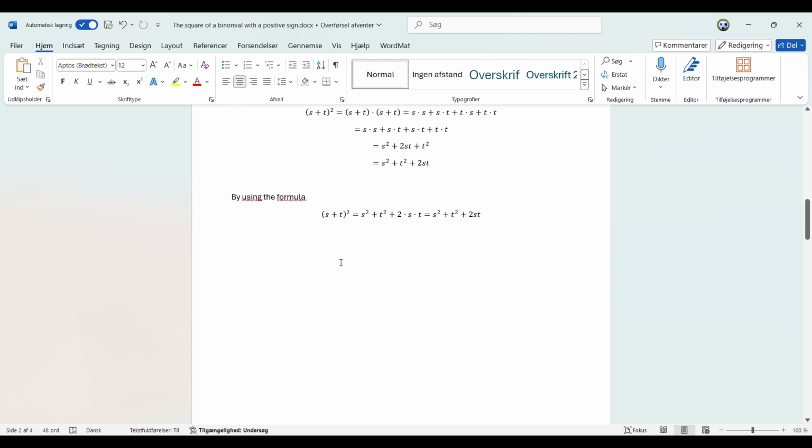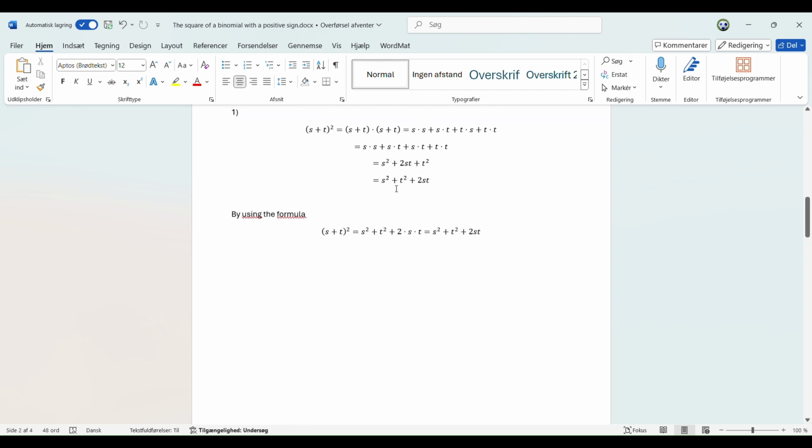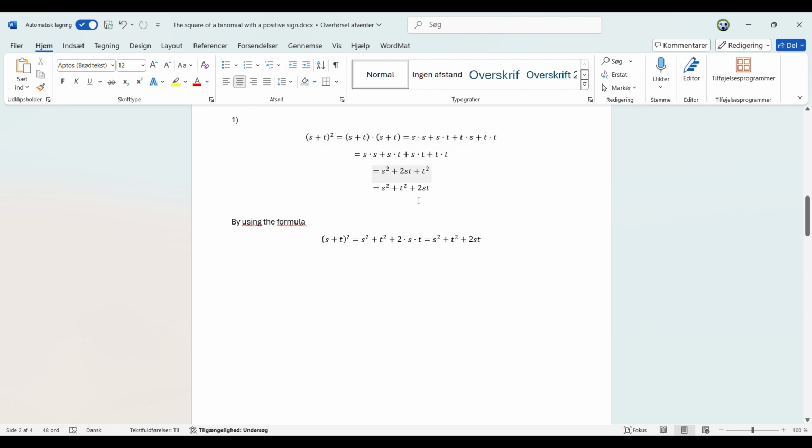And if we had been doing this instead of doing all the multiplying and putting it together in the end, we could just have used our formula: the first term squared plus the second term squared plus 2 times s times t.